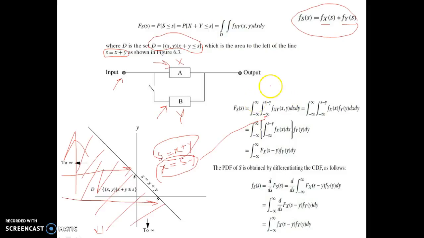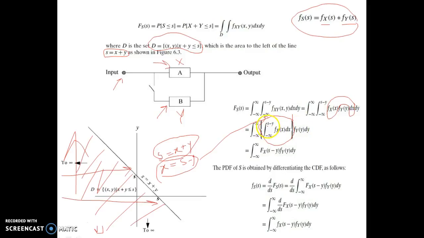Since X and Y are independent random variables, f of x,y is given by f of x times f of y. We already know this: the multiplication of the marginal PDFs. What we can do now is separate this integration.